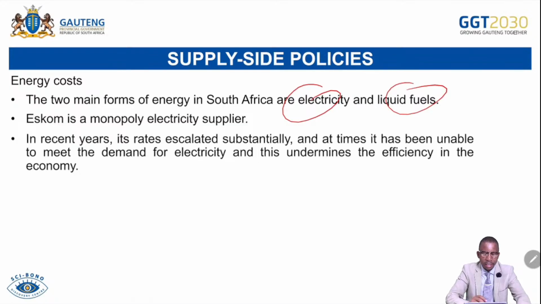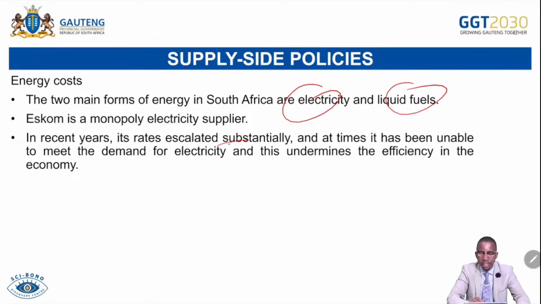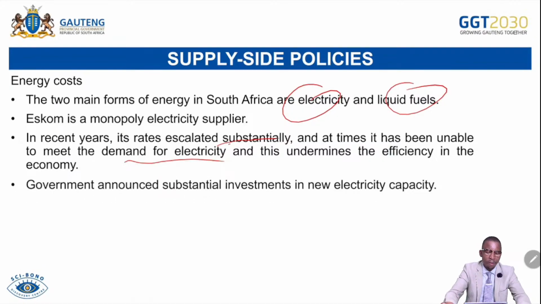In recent years, the rates escalated substantively, and at times it has been unable to meet the demand for electricity, and this undermines efficiency in the economy. We know that the cost of electricity is too much in South Africa. For that reason, it becomes more of a challenge for businesses to cope and produce more goods because we have to pay for the cost of energy, such as electricity.